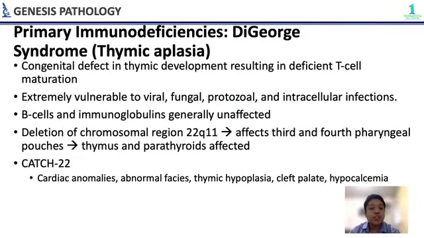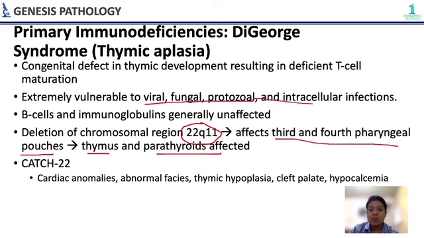Yung DiGeorge syndrome naman or thymic aplasia happens kapag nagkakaroon ng deletion of chromosomal region 22q11 and it affects the 3rd and 4th pharyngeal pouches. So as we all know, these pouches develop to become the thymus and parathyroid. At diba sa thymus, dun nagmamature yung mga T cells natin? So, kapag nagkakaroon ng deficient T-cell maturation, we are extremely vulnerable to viral, fungal, protozoal, and intracellular infections just like in AIDS.